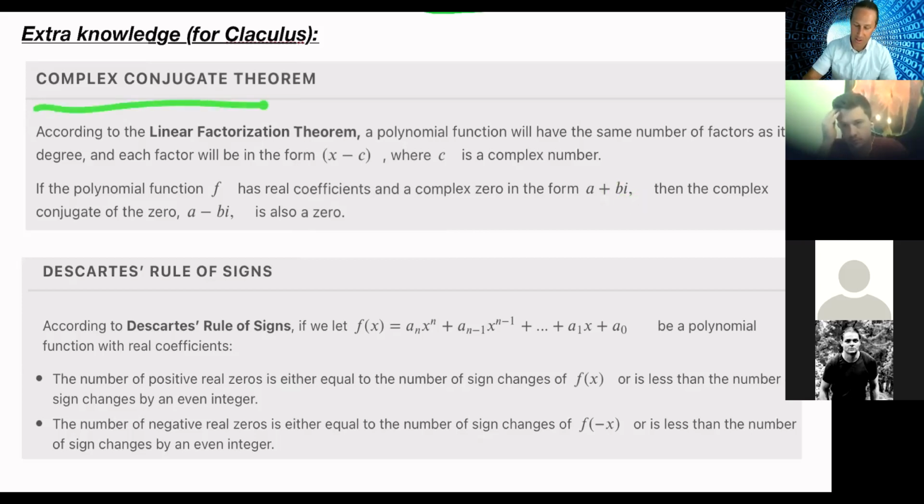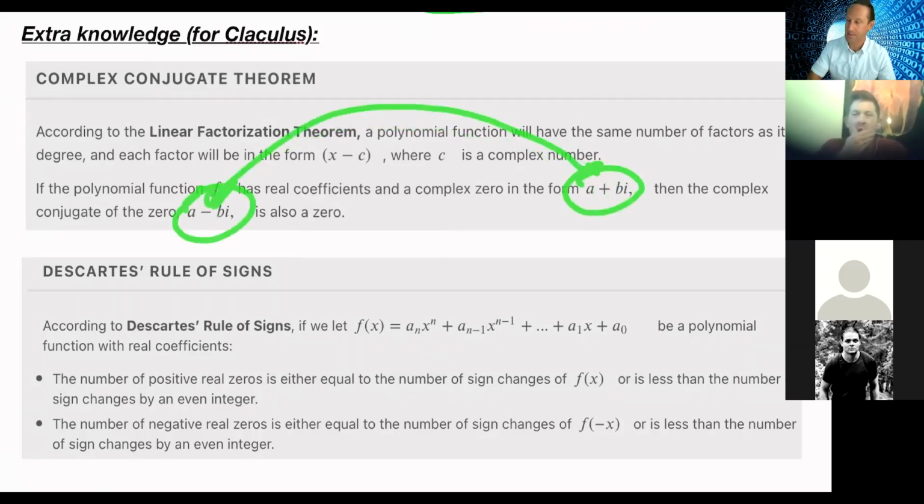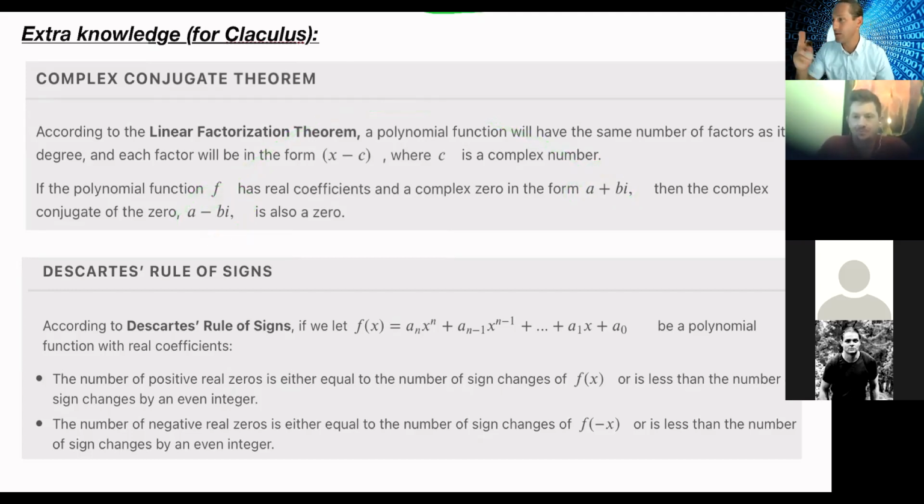And what the complex conjugate theorem says, if you get a zero, a root that is complex, has a real and imaginary part, then it will always have its counterpart, its conjugate, where we only switch the middle sign. So that's cool. So if you ever found one of these, then you know that it has this. So you get to double up very simply. We won't deal with that in here, but I just wanted to mention for later on, so you have a leg up on people.